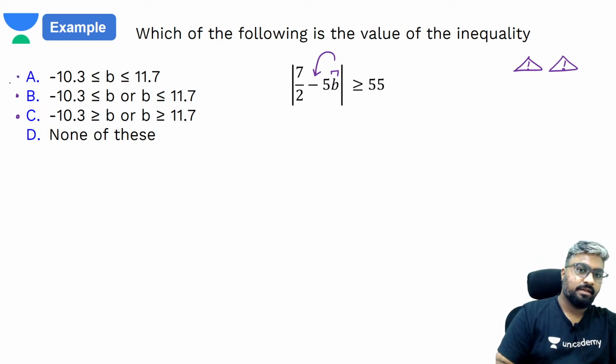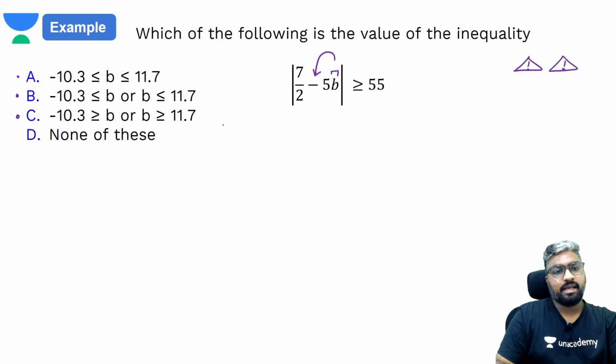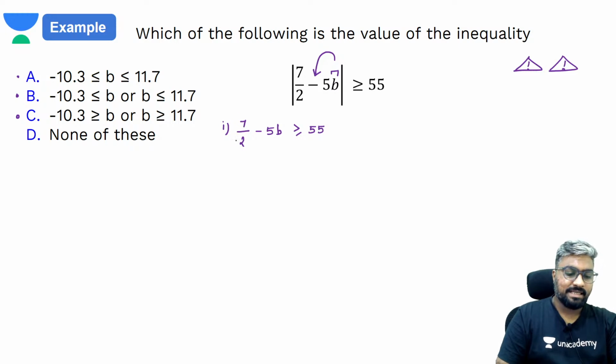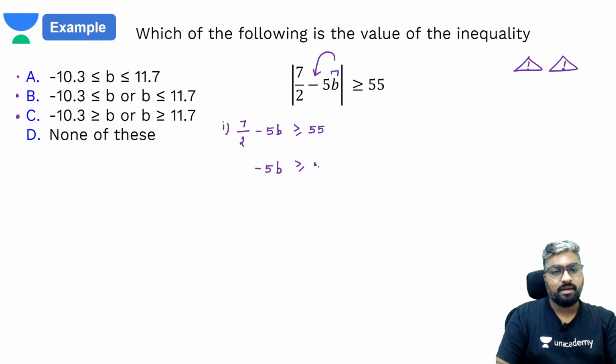चलो ठीक है, पहले इसको ट्रेडिशनल मेथड से करेंगे. पहला टाइप: 7/2 minus 5b is greater than or equal to 55. Subtracting 7/2, क्या है? 3.5. तो subtracting 3.5 on both sides हमें क्या मिलेगा? minus 5b is greater than or equal to 55 minus 3.5 which is 51.5.